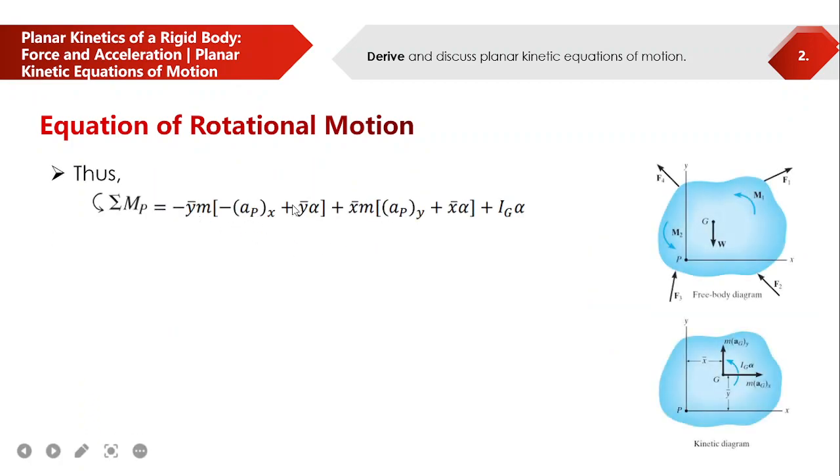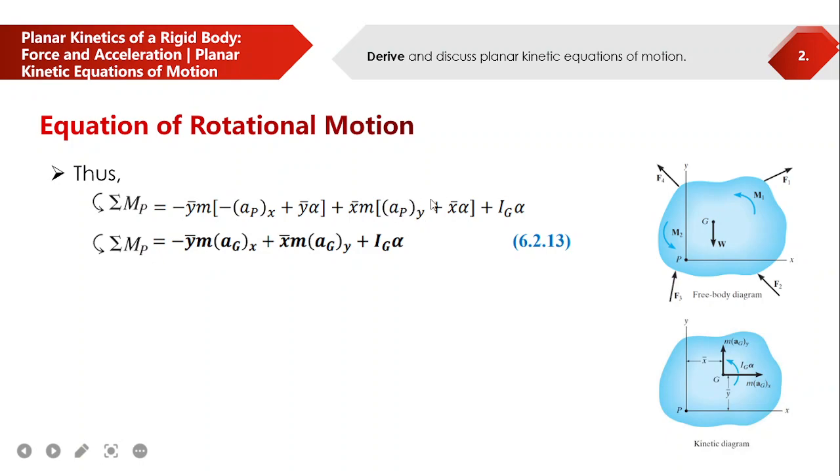Thus, since we already have the values for the acceleration components of x and y at point P, the summation of all the moments at point P is equal to negative y bar m times a sub g sub x, since we already know how to solve this one, plus x bar m times a sub g sub y plus I sub g alpha.